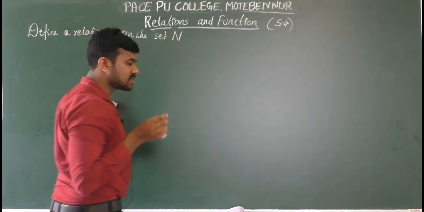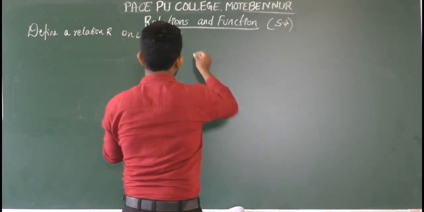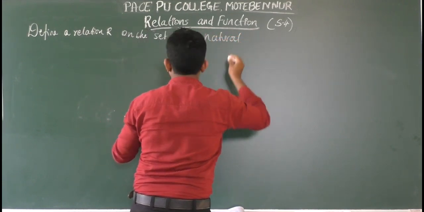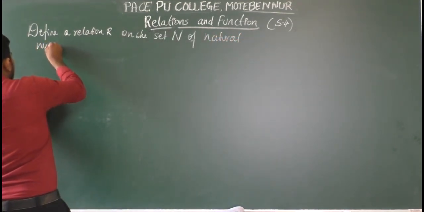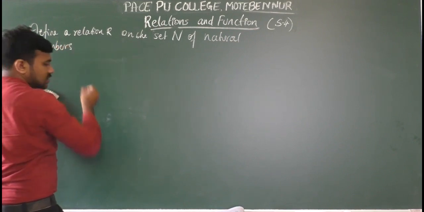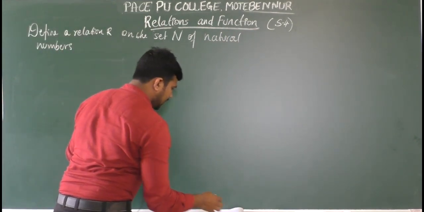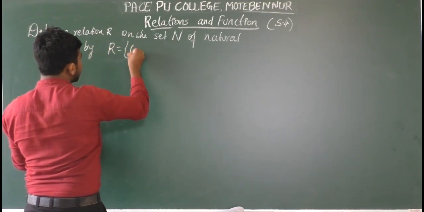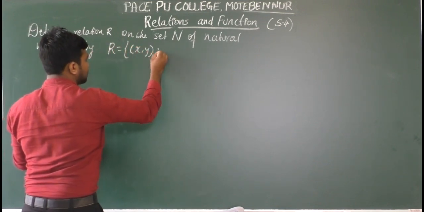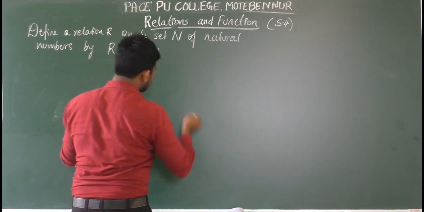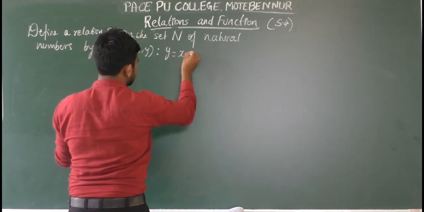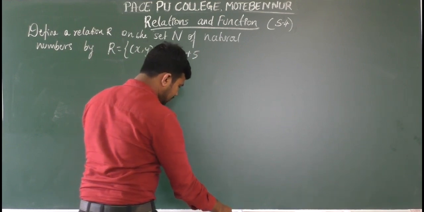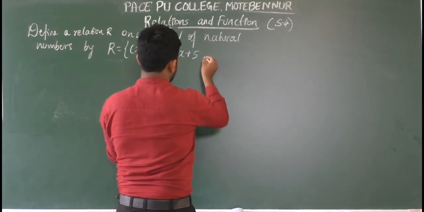Capital letter N. N is nothing but the set of all natural numbers. By R is equal to the set of all ordered pairs x comma y such that y is equal to x plus 5, where x is a natural number less than 4.